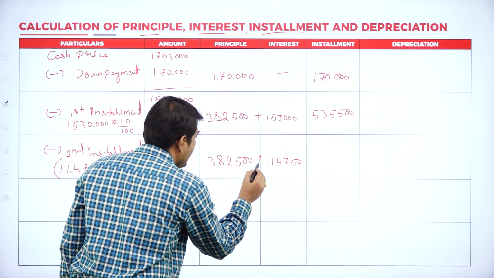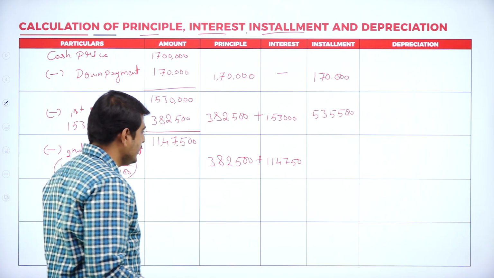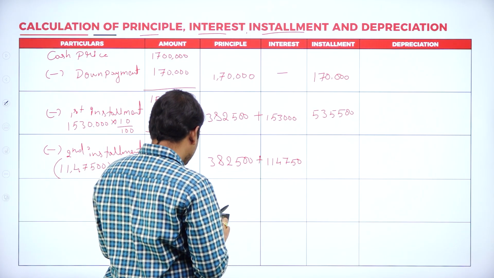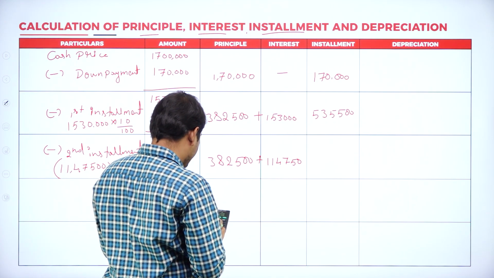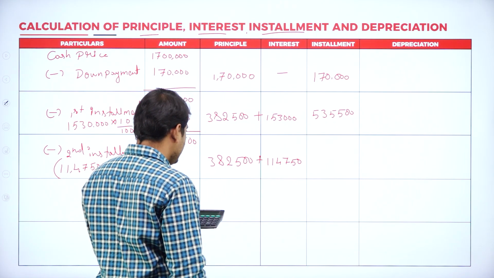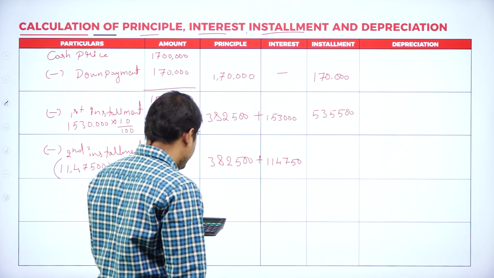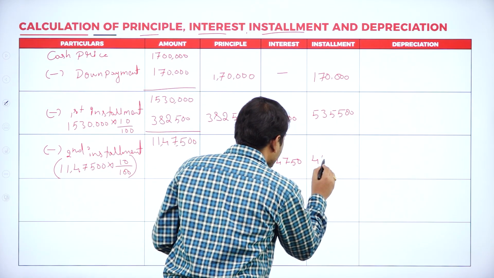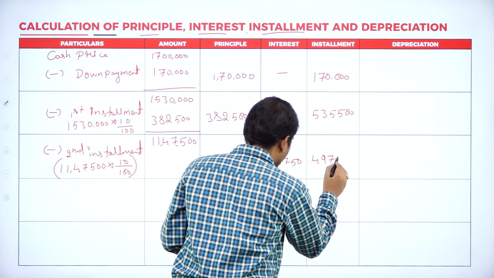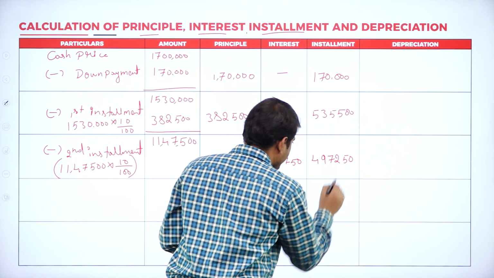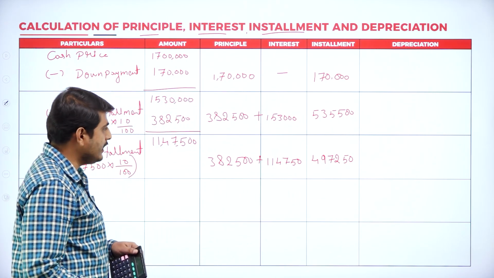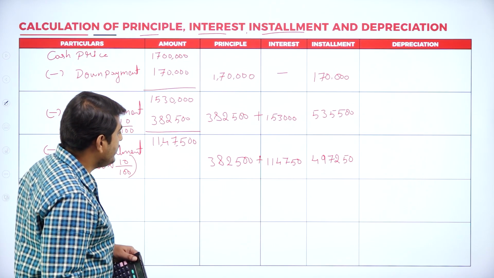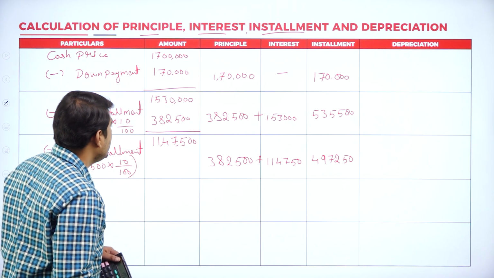Again, add principal plus interest. You'll get 3,82,500 plus 1,14,750 is 4,97,250. 4,97,250 is the installment amount.